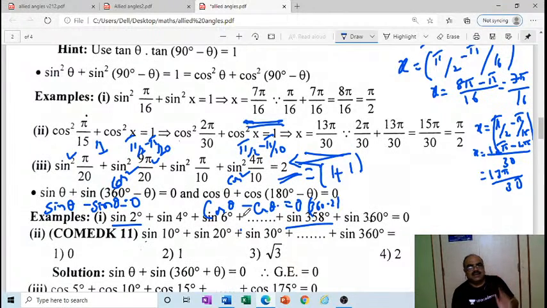If you go like that, it is all going to be 0 only, because sin theta plus sin of 360 minus theta is 0. All these things become 0. Finally, sin 360 will remain as it is. Sin 360 also is equal to 0. So the whole answer, the summation of all zeros, is 0 only. What did we apply here? Sin theta plus sine of 360 minus theta is 0.